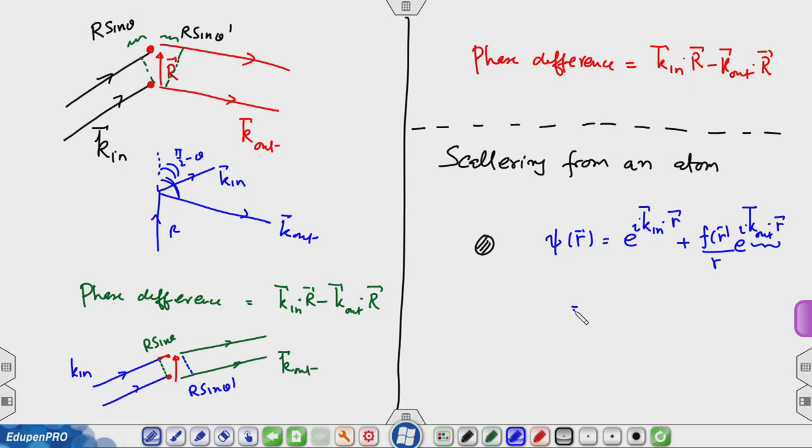So, this is usually written as e raised to i k in dot r plus f of angle over r e raised to i k out r, going out radially.